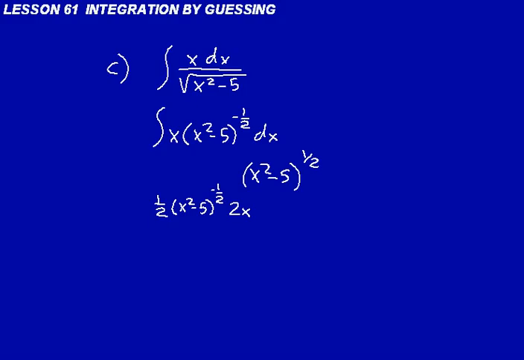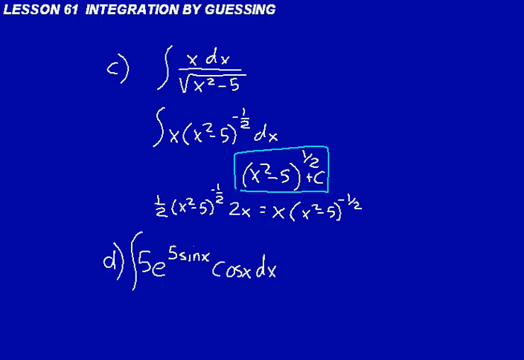And so that would simplify to x times x squared minus 5 to the negative 1/2 power. So that was a good guess there for that problem. And so there's our answer. And again, we need to remember plus a constant, because that's the indefinite integral.